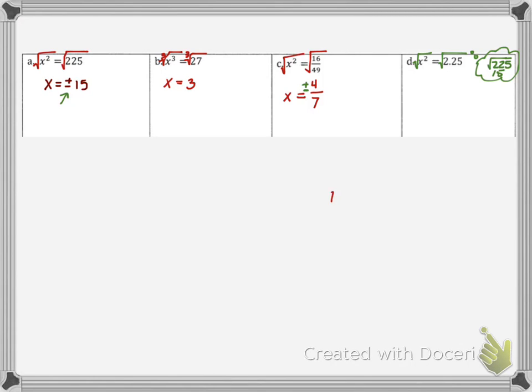So when I think about that, then okay, x is going to be equal to 1.5. So we're just scooching the decimal over there. And again, that's square root, so it could be plus or minus 1.5.